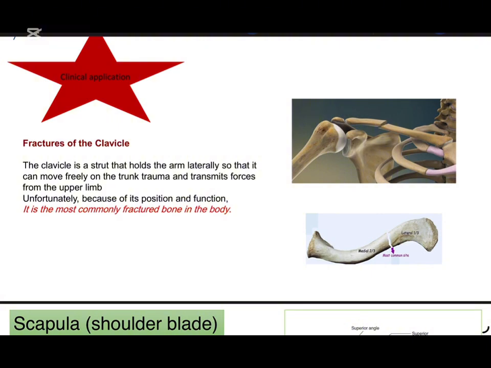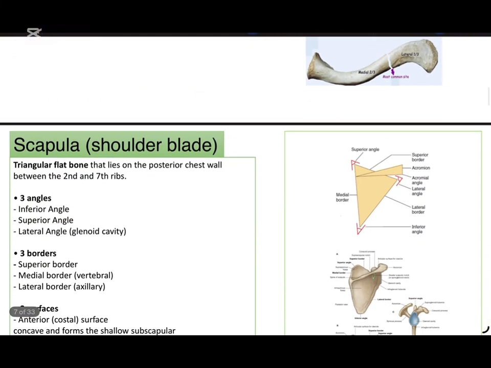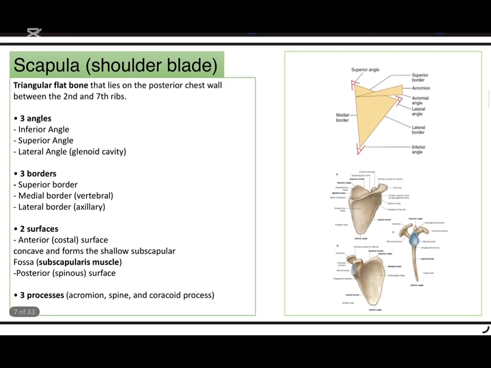So when a fracture happens here, the patient comes to the clinic holding his upper limb, because all the force here is not transmitted back to the trunk. So it will hold like this, the upper limb, so you can directly know that there is a fracture where? In the clavicle. Okay? Any questions so far?